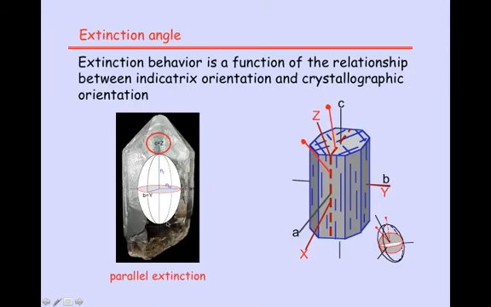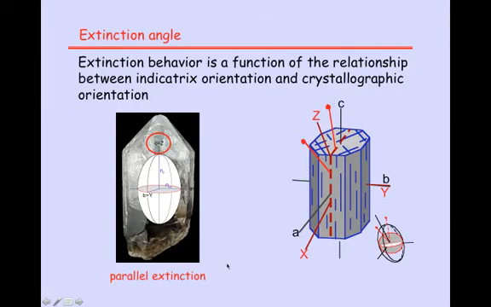In some minerals, the C-axis, the long axis of the crystal, here's quartz, for example, is in line with the optical axis, and that's denoted by Z here. If the crystallographic axis is in line with the optical axis, you see parallel extinction.